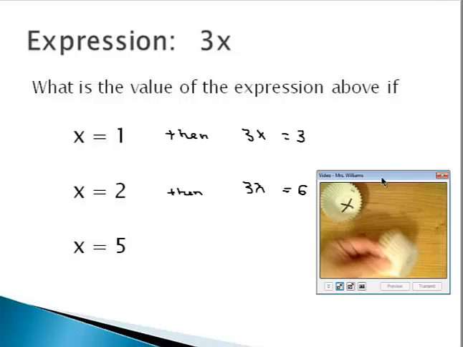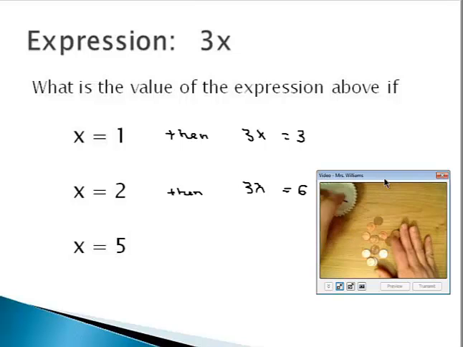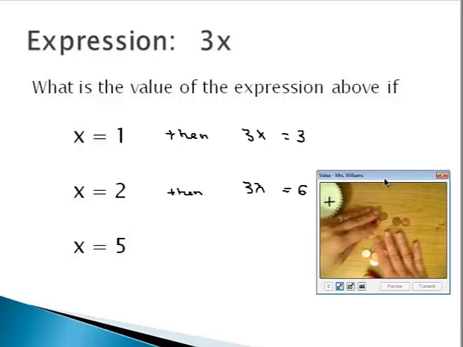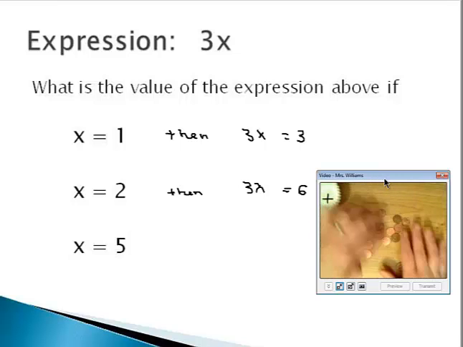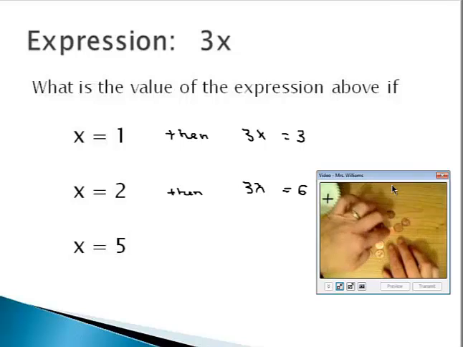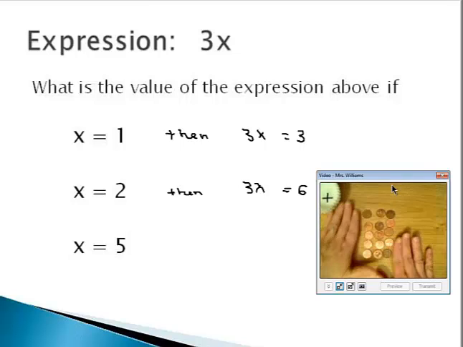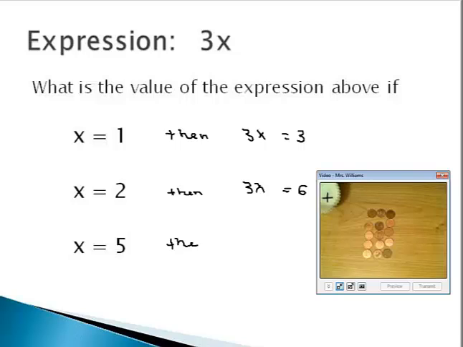Let's empty those out and see what the value of our expression is, the total number of pennies. So we have 15 pennies there. So if x is equal to 5, then 3x is equal to 15.